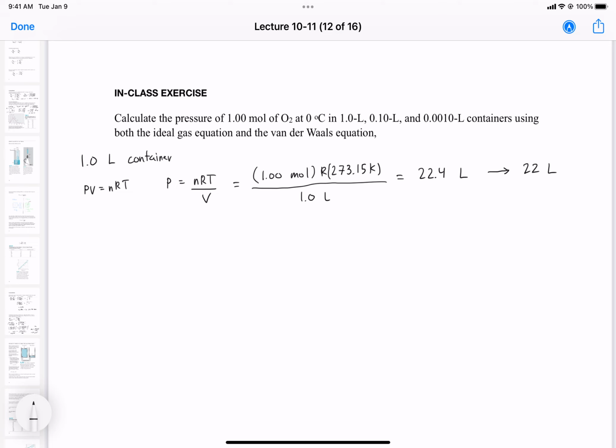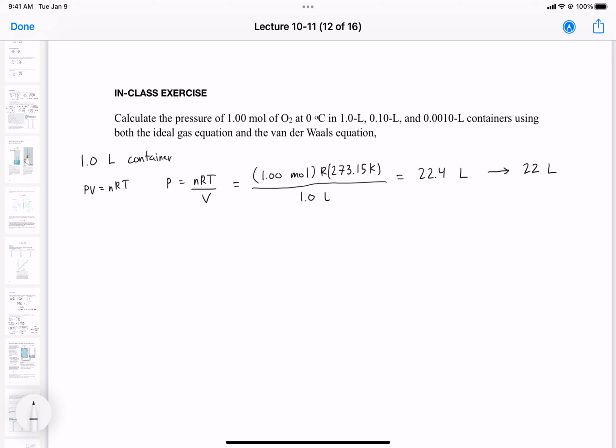All right. So if we use the van der Waals equation now, okay. So let's use the van der Waals equation for number 1.